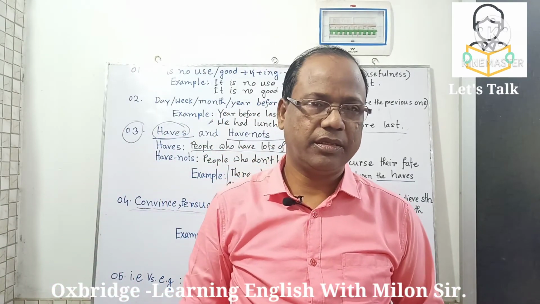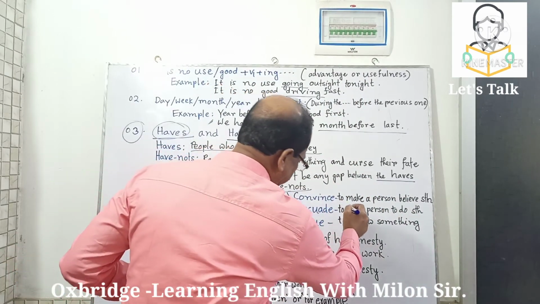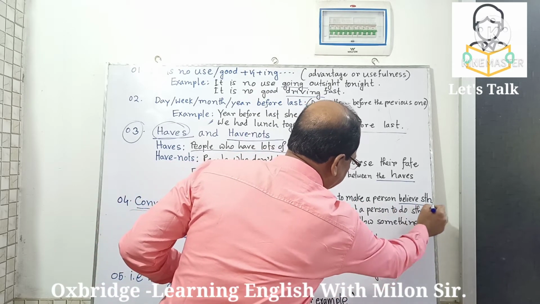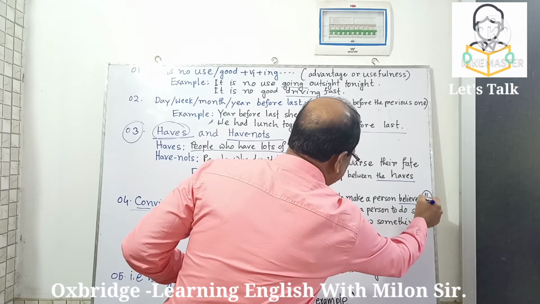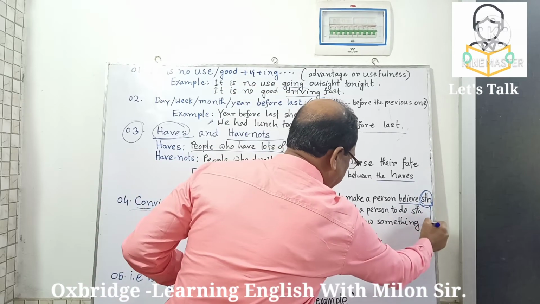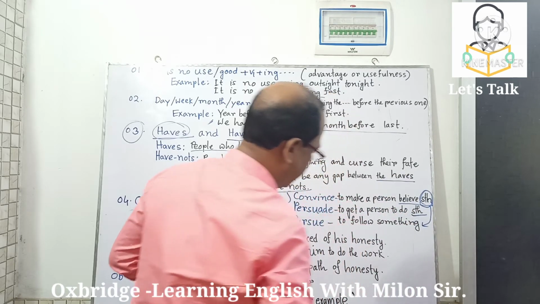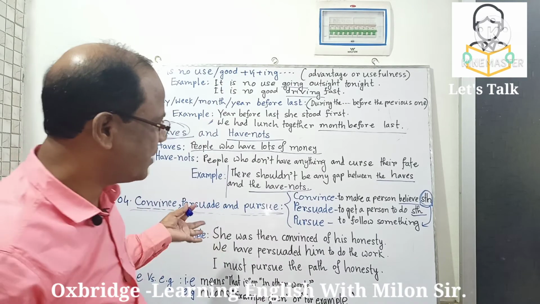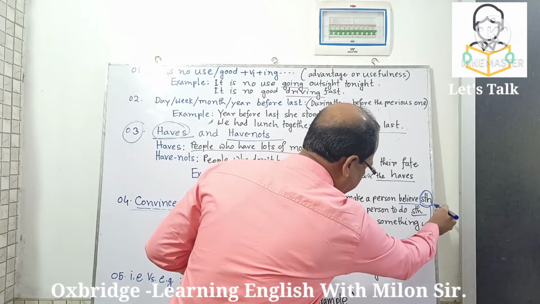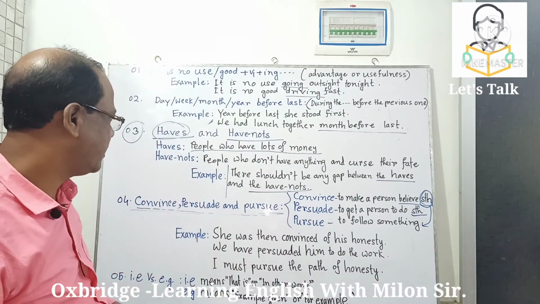The meaning, you can see, convince. Convince means to make a person believe something. Dear viewers, I have written these two terms in short for your betterment. To make a person believe something, that is convince.